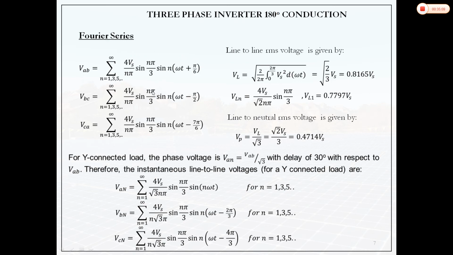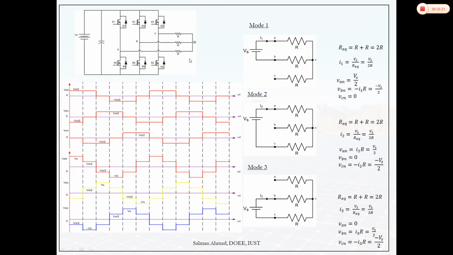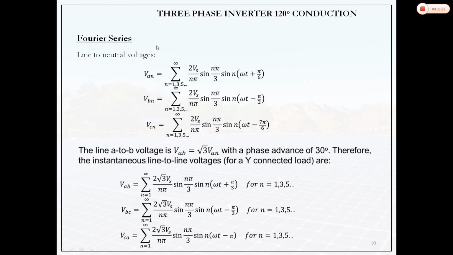Everything will remain the same, only you have to replace this Vs with Vs upon 2. So the Fourier series analysis for 120-degree conduction will give you 2 Vs upon n pi sin n pi by 3 sin n omega t plus pi by 6.